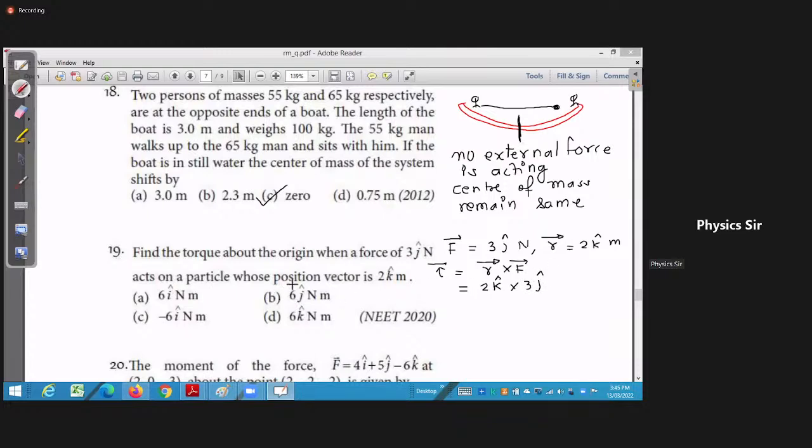Now this 2 into 3 will become 6. That is sure. But what is the cross product of J and K?